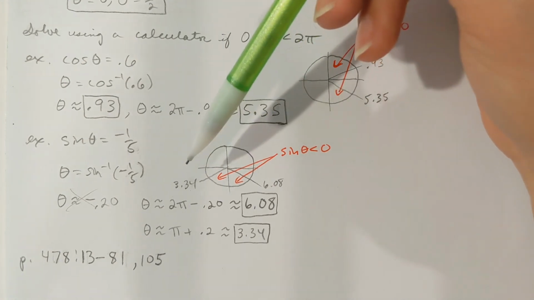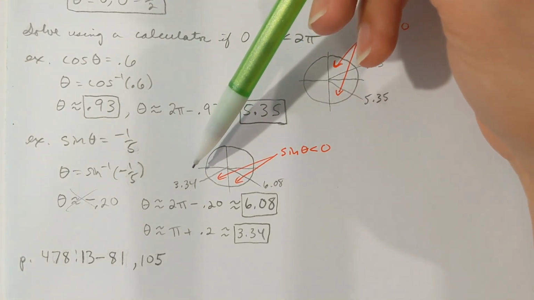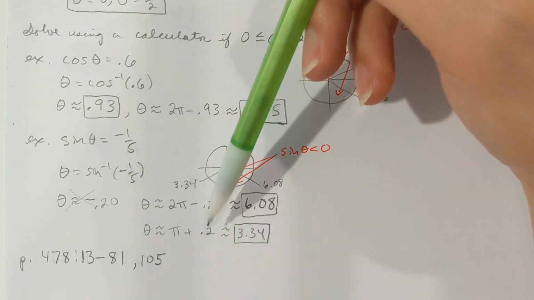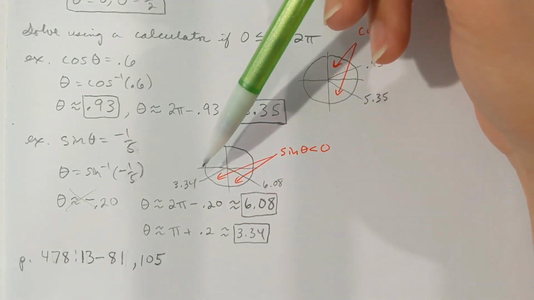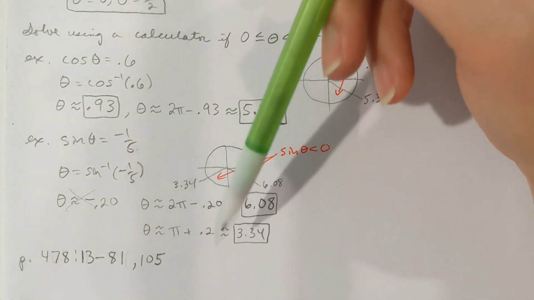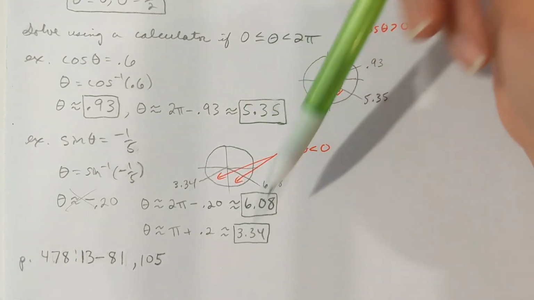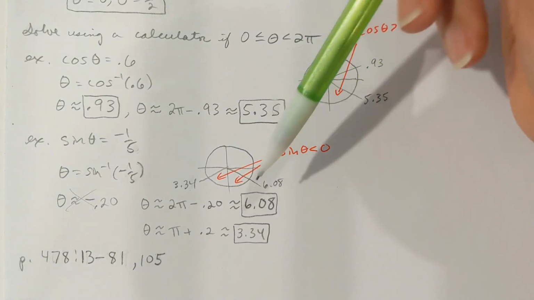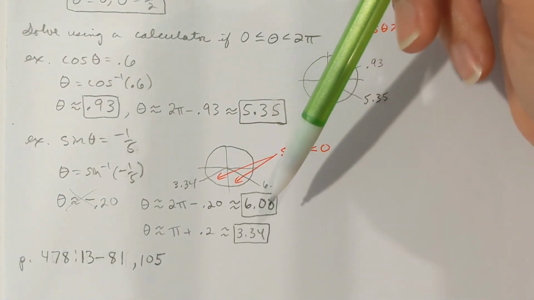Now, here's the pi axis. Okay, and if I add 0.2 radians to pi, pi is roughly 3.14, right? So that'll give me 3.34 radians then, and these would be my only two answers.